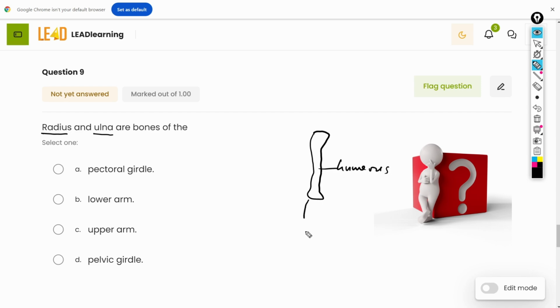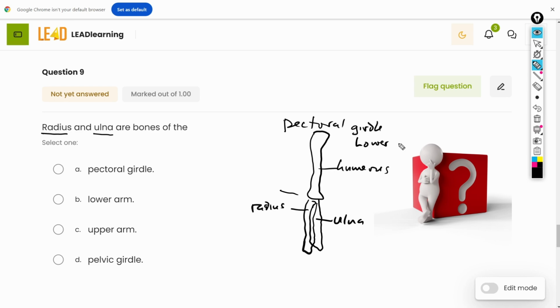Now, attached to the humerus are two sets of bones. The one at the top is the radius, and the one at the bottom is the ulna. So the radius and the ulna form the lower part of the pectoral girdle, or if you like, the lower arm.